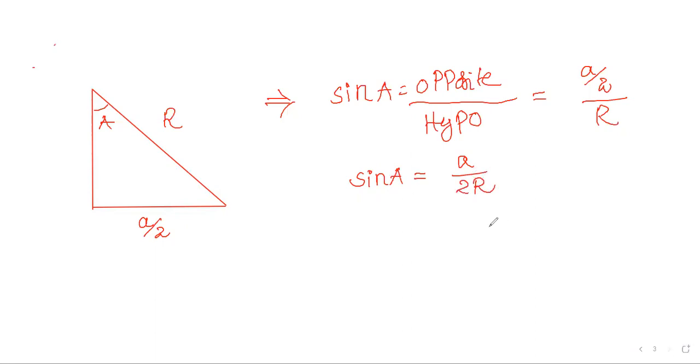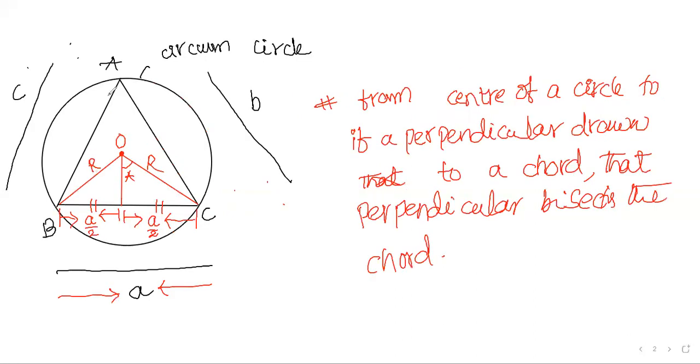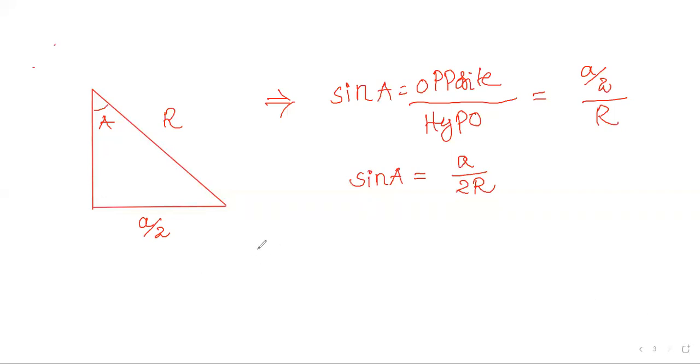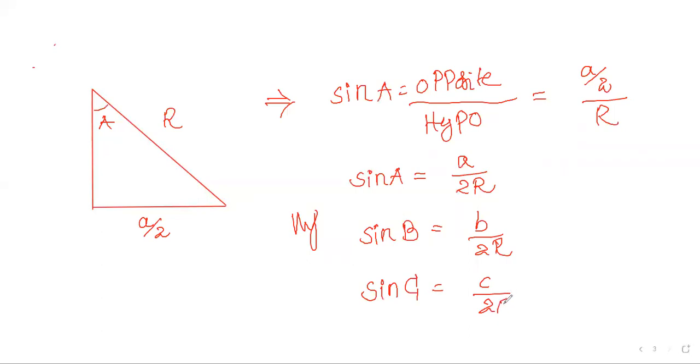Similarly, if you take the sides b and c, you will get sin B equal to b by 2R, and sin C equal to c by 2R.